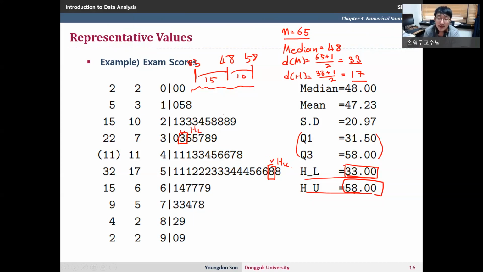The way to find the points having a certain depth is just counting 17, for example, here. This is the 17th point from the minimum, and this is the 17th point from the maximum. Okay.